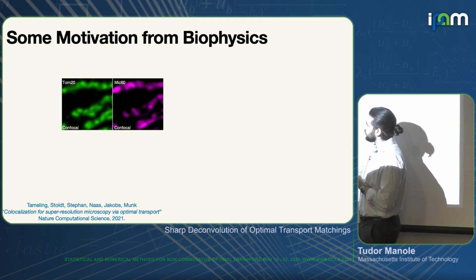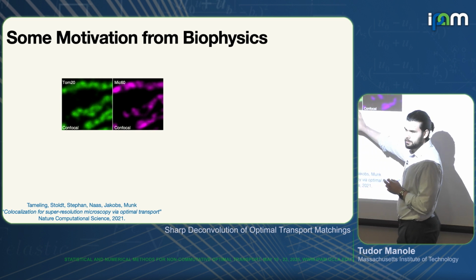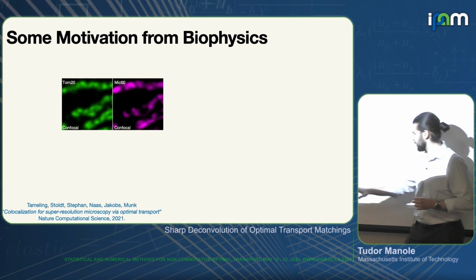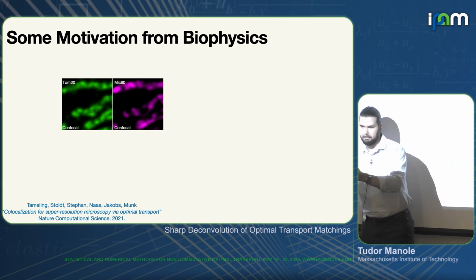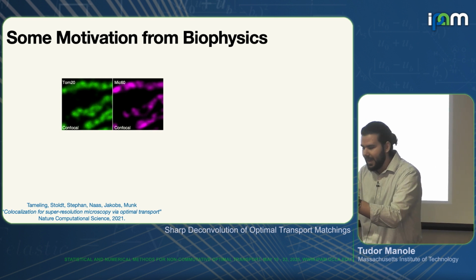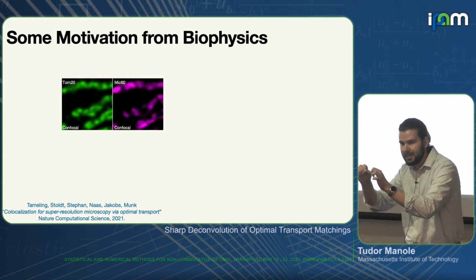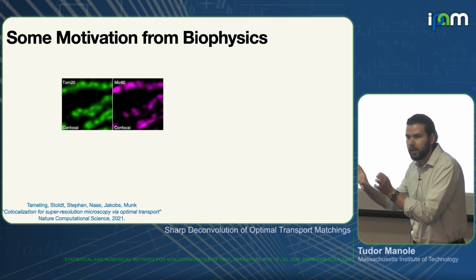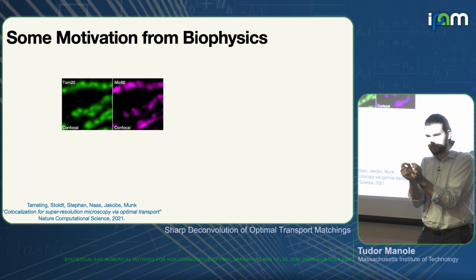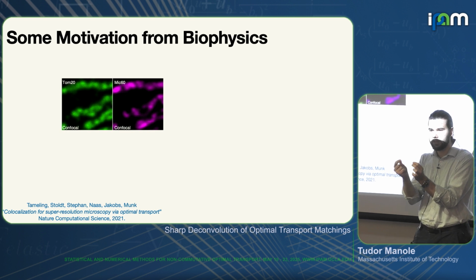So what I'm showing you over here are microscopy images of proteins arising in a cell. Specifically, they were interested in the study of mitochondria in this particular application. So mitochondria consist of two membranes, and at various points of these membranes, they come very close together. The relevant scientific question of interest that they were trying to ask was whether proteins of these two membranes were involved in any relevant biological pathways with one another.